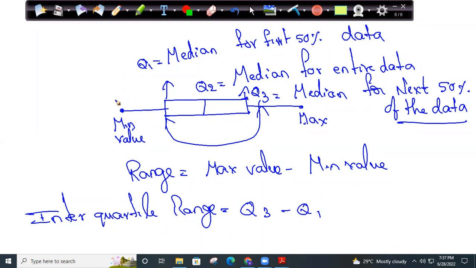So from the minimum value to this point, 25% of the data lies. Total is 100%. From this point to this point, 25% of the data lies. From Q2 to Q3, 25% of the data lies. Because this is the median for the entire data, from here to here, 50% of the data lies. Correct, right? So from the minimum value to Q1, 25% of the data lies.